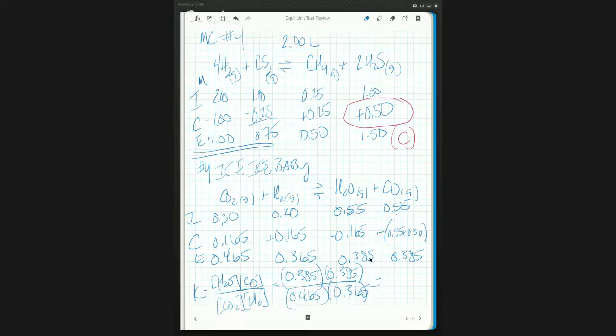And for an answer, I get 0.8733. With sig figs, it's 2 sig figs, so 0.87. So Kc, or actually Kp, no, it's Kc because it's all molarity, sorry. There's your answer to number 4 on the Ice Ice Baby worksheet.